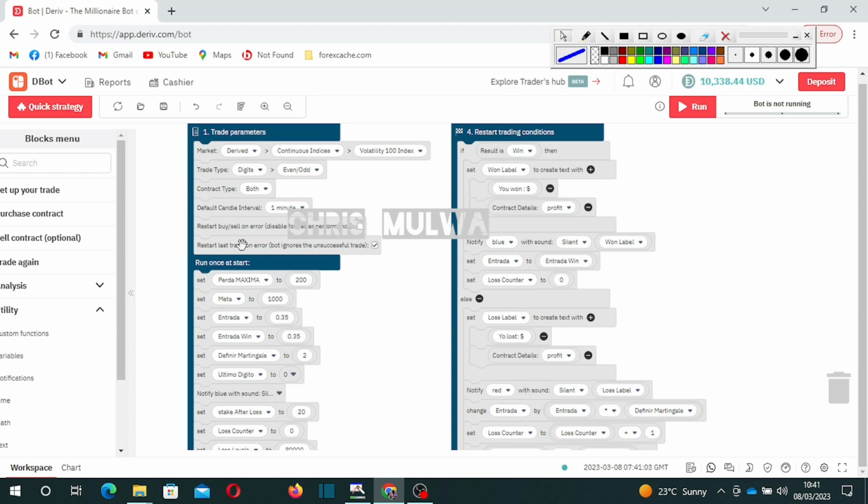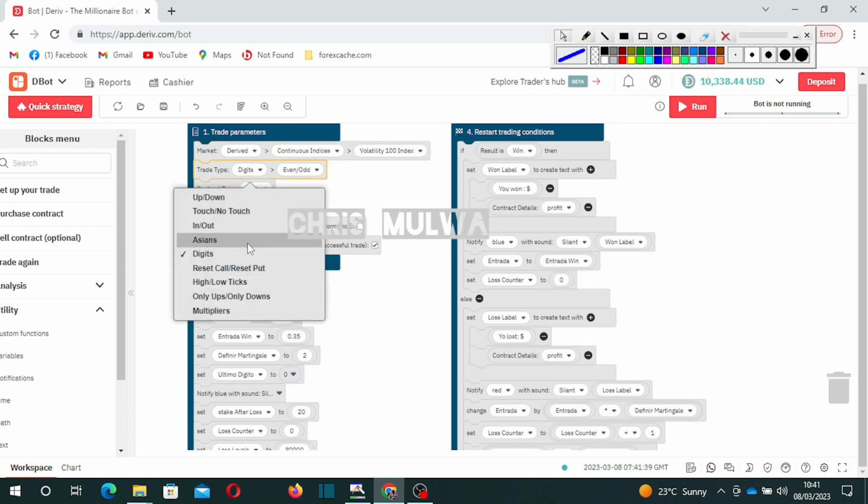I want to check the market, so I will use Deriv. Let it remain Deriv. Then I choose the continuous indices. Make sure that it is on continuous indices, and again the volatility. So volatility, I want to check digital. Am I choosing the digital or something else?